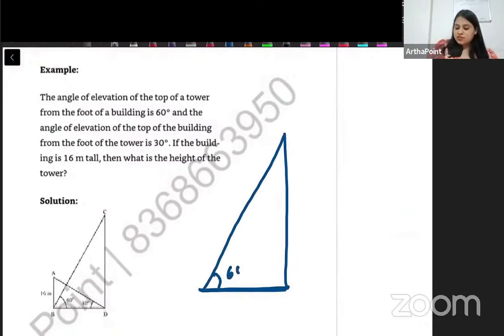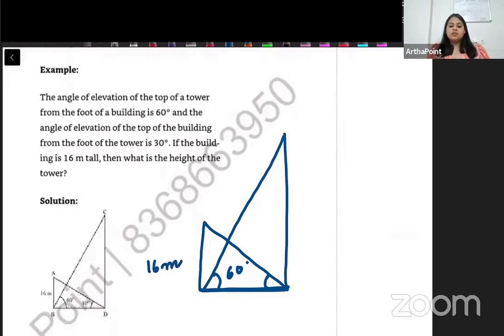This is 60 degrees. And the angle of elevation of the top of the building from the foot of the tower is 30 degrees. So this is 30 degrees. If the building is 16 meters tall, this is 16 meters. Then what is the height of the tower?